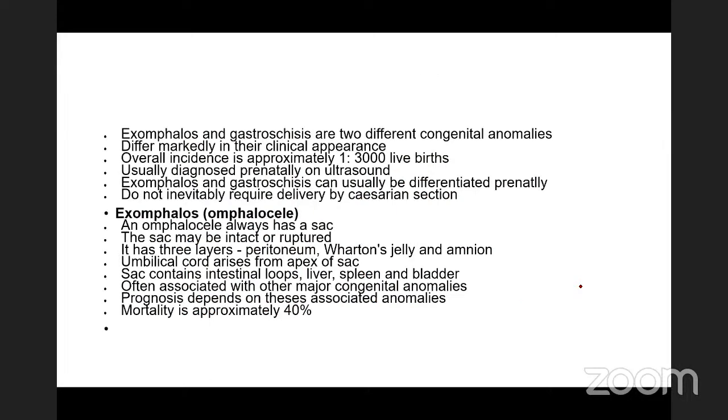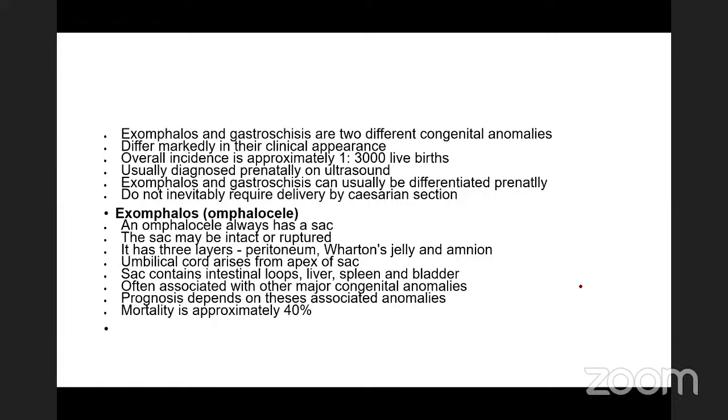Exomphalus, also known as omphalocele, and gastroschisis are 2 different congenital anomalies that differ markedly in their clinical appearance. The overall incidence is approximately 1 in 3,000 live births, usually diagnosed prenatally on ultrasound.